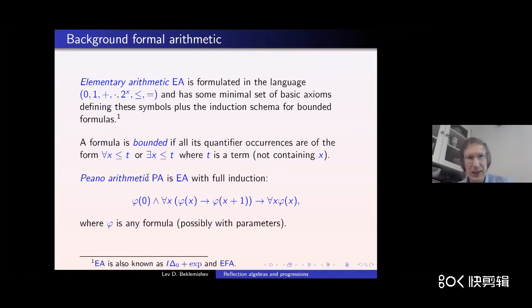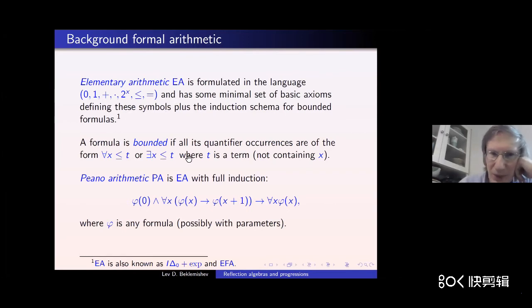And elementary arithmetic is the formal system which has a certain standard minimal set of basic axioms defining plus, times, exponentiation on all symbols in our signature, plus the induction schema for bounded formulas. So that's called elementary arithmetic.